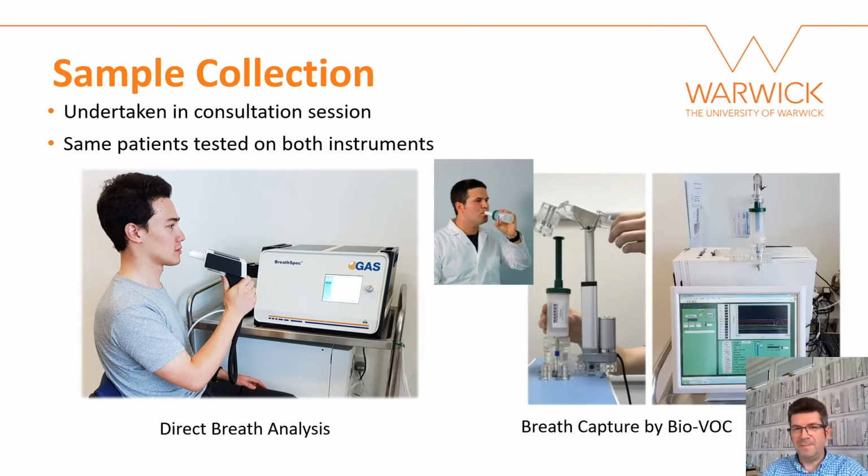The eNose was a bit more of a palaver. We used these Markes BioVOC tubes, which look like big hollow tubes. The user puts a disposable mouthpiece on it and blows through it, and it collects the last about 130 mils of air from their breath.